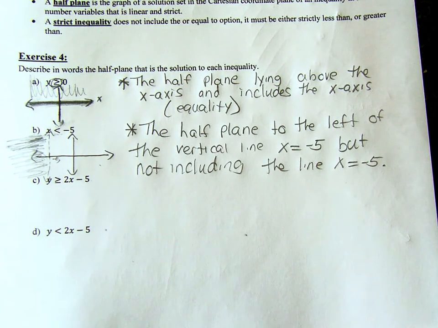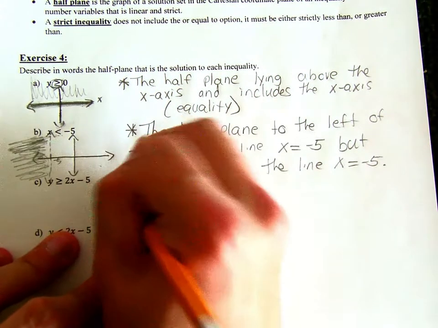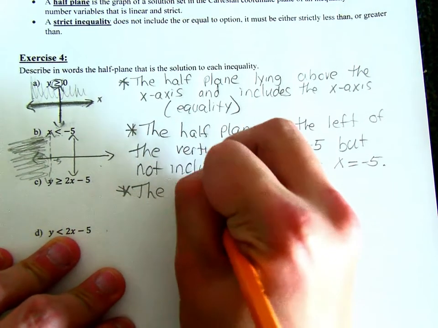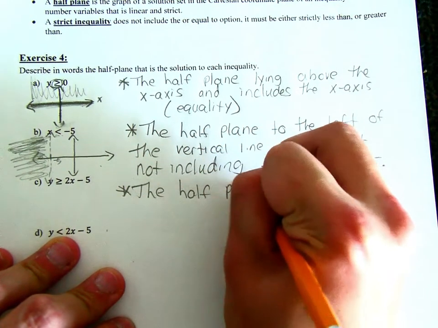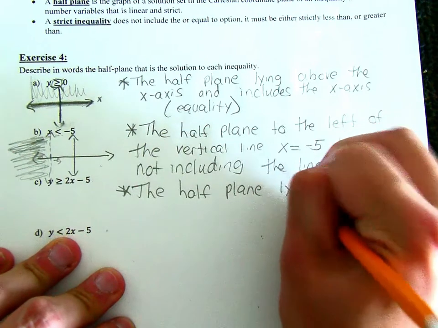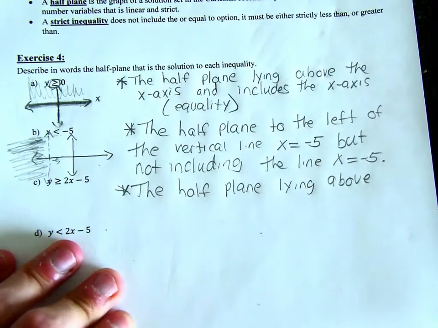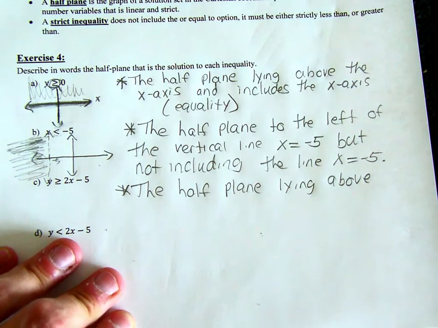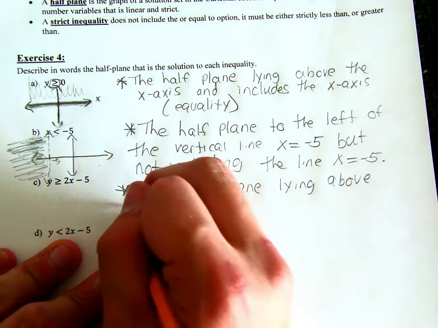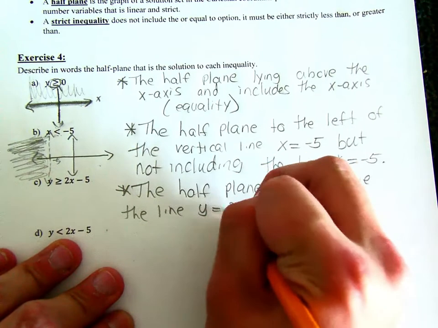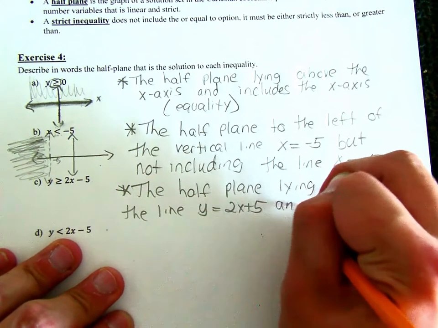So in this case, we can say the half plane lying, and since it's greater than, we're going to say above the line y is equal to 2x plus 5, and including the line.